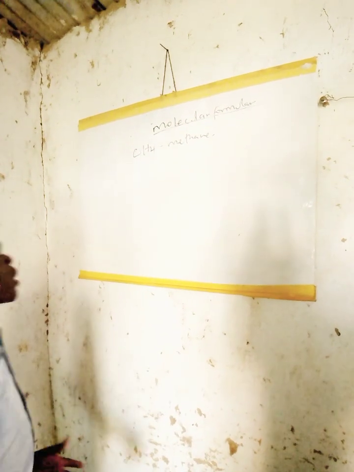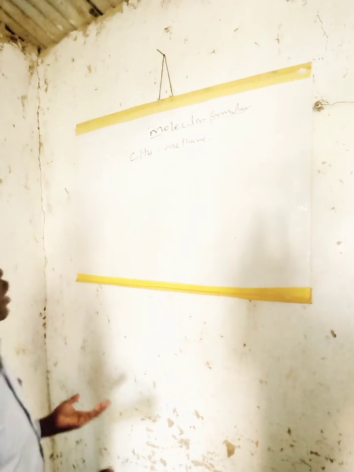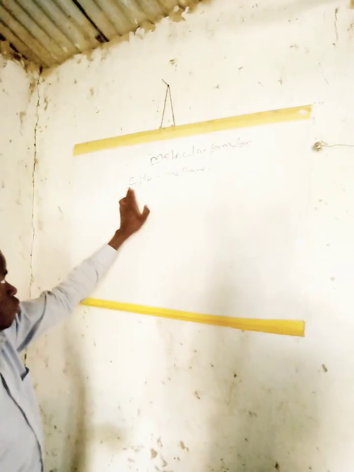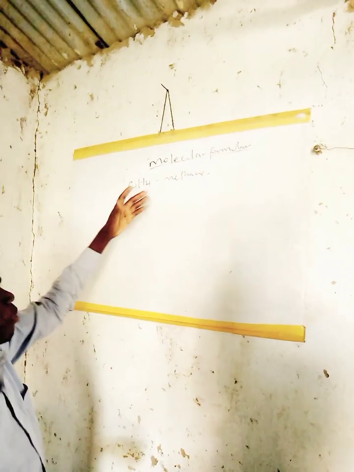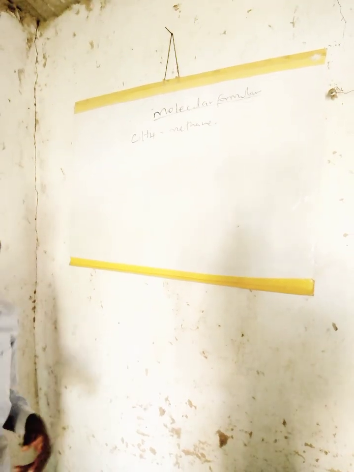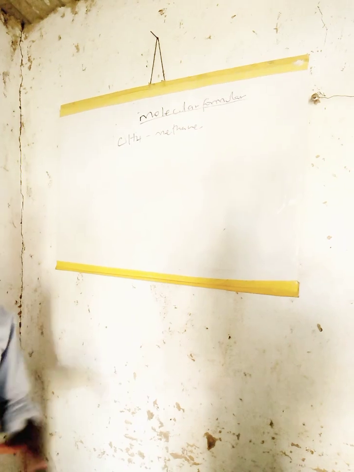So we normally calculate the empirical formula before we find the molecular formula, then you equate it to a number n. That n is the actual number of atoms in that molecule.